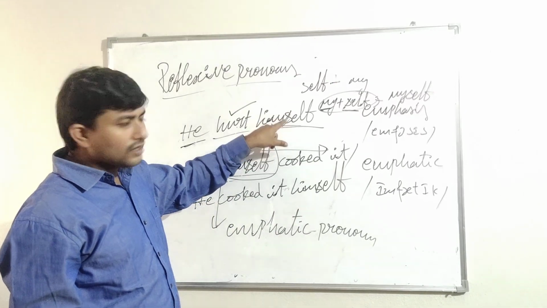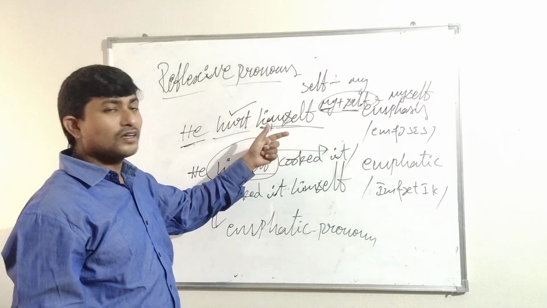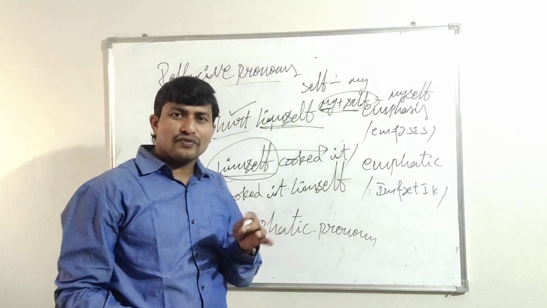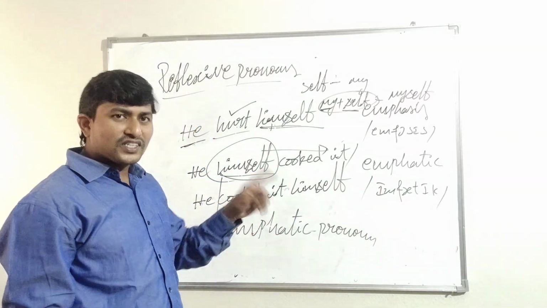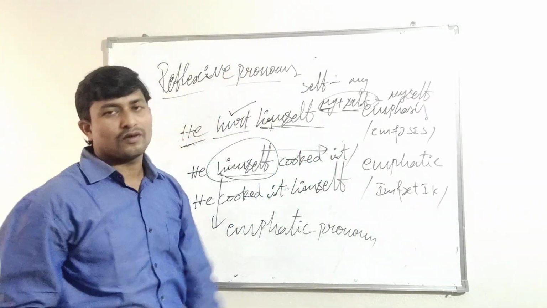A compound pronoun such as himself or any other reflexive pronoun reflects the action of the verb back onto the person who is performing the action, and it remains a reflexive pronoun.